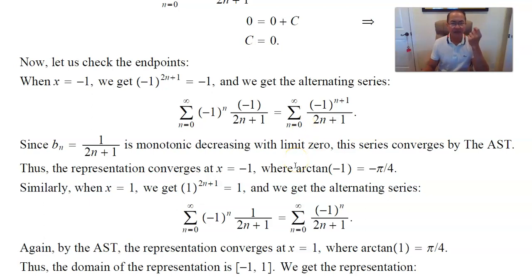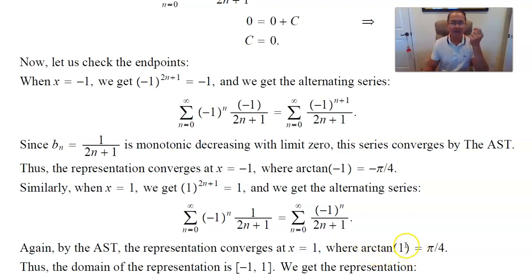But on the right side, you have the arctangent function. Arctangent of minus 1 is negative pi over 4. So what about when x equals 1? This time 1 to the 2n plus 1 is just 1. So we get another alternating series, minus 1 to the n over 2n plus 1, only minus 1 to the n, no plus 1 this time. And on the other side, arctangent 1 is pi over 4.